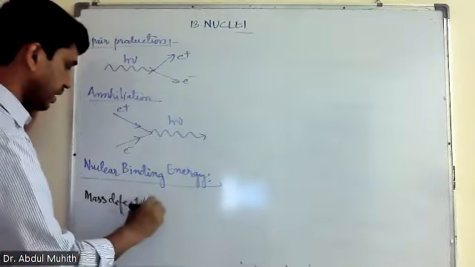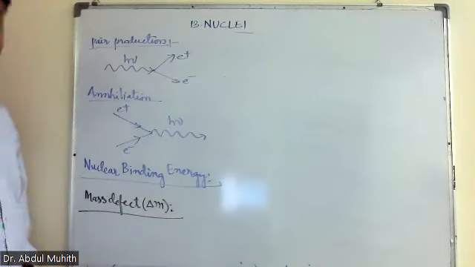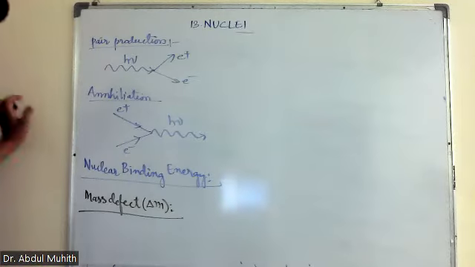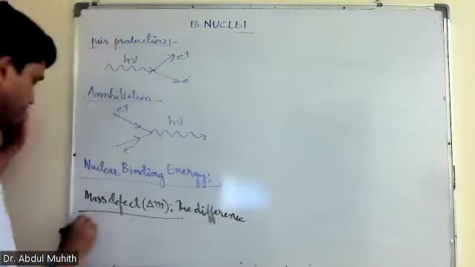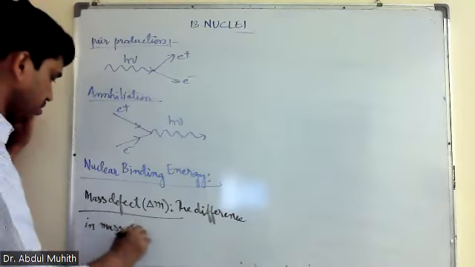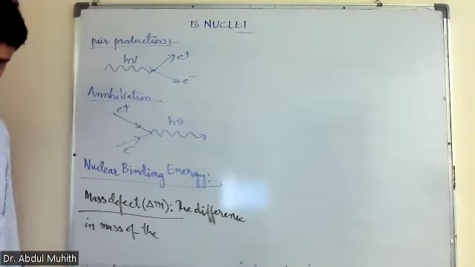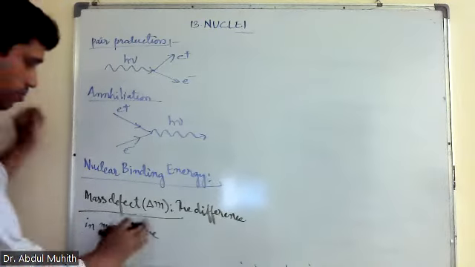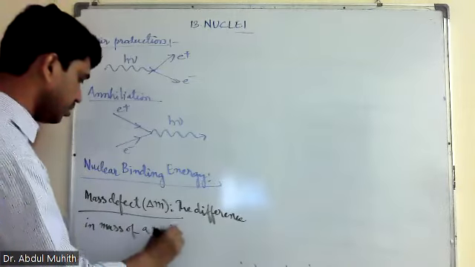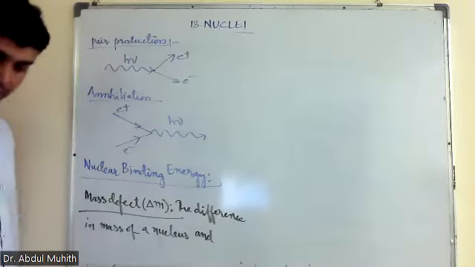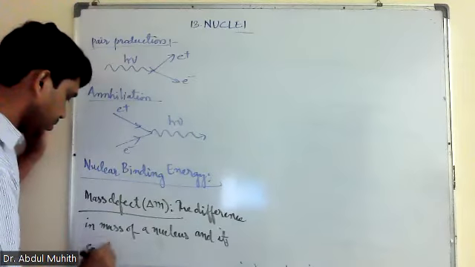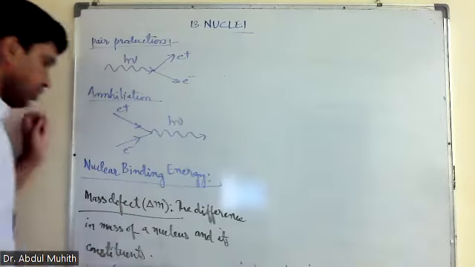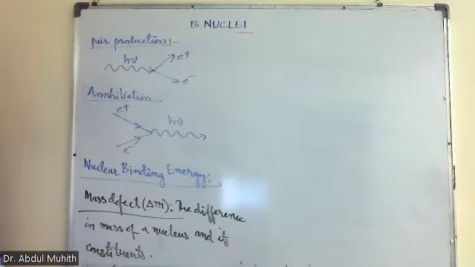Mass defect is denoted by delta M. It's a difference: the difference in mass of a nucleus and its constituents is known as mass defect.